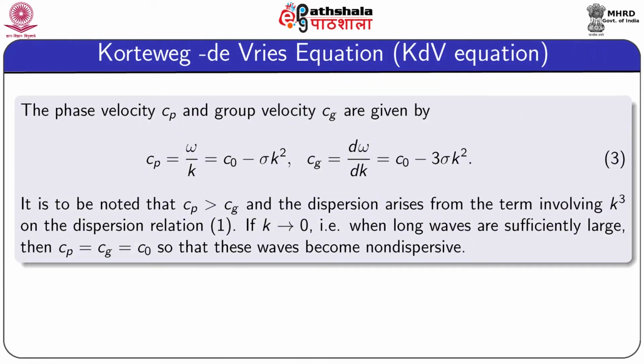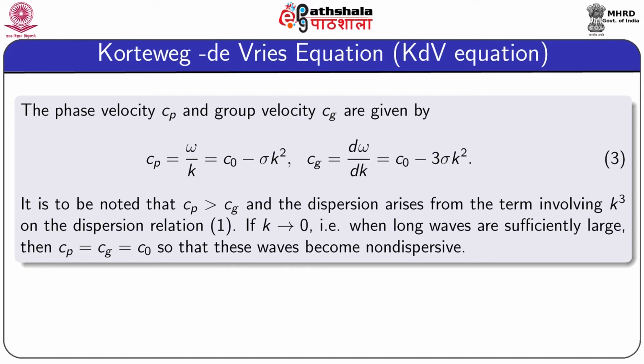Now, in this equation, the phase velocity Cp is defined as omega by k, and its value is C0 minus sigma k squared. On the other hand, the group velocity of the wave train, denoted by Cg and defined as d omega dk, equals C0 minus 3 sigma k squared.